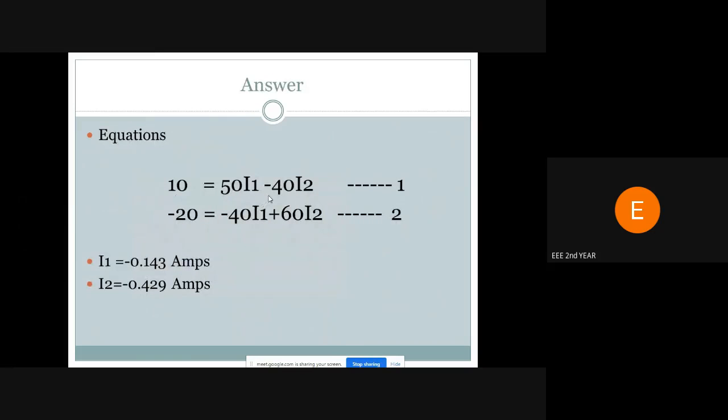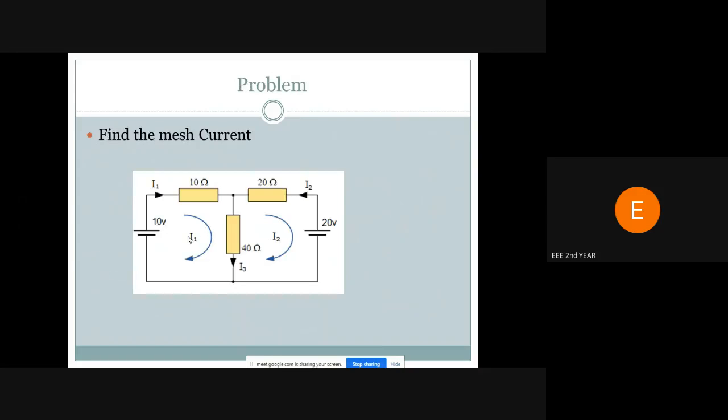Based on the equation, we may also solve the problem by using Cramer's rule. The current I1 is going through the two resistors 10 and 40, so based on that method, we can easily calculate it by inspection.